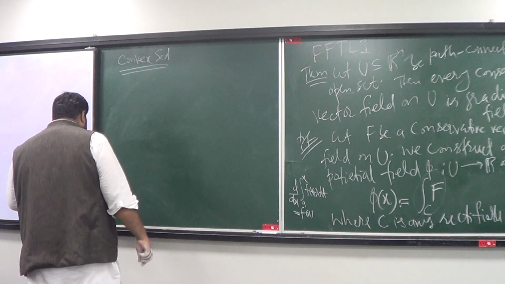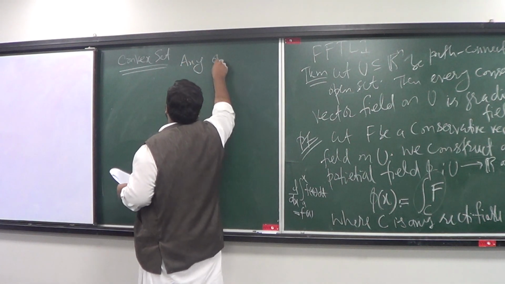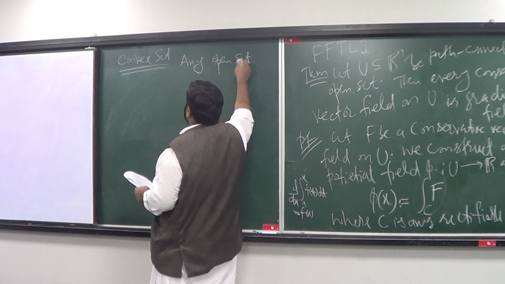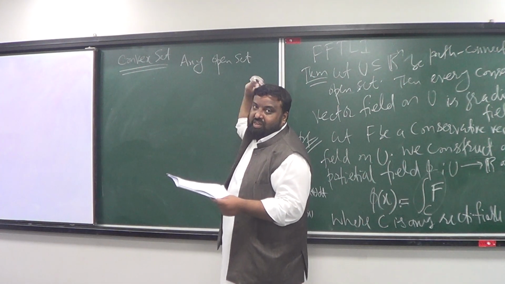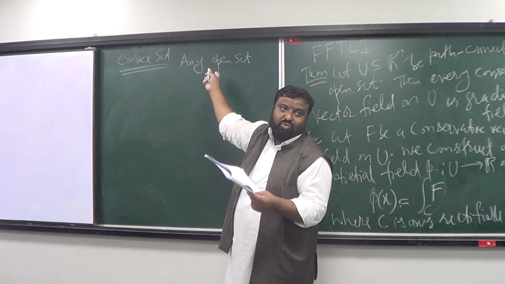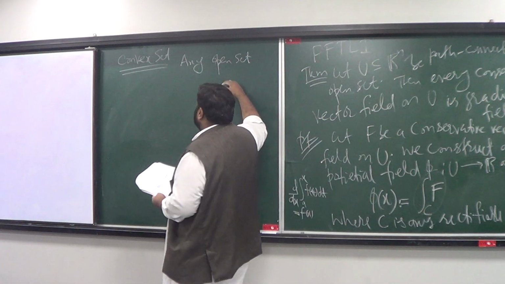If I have an open set, any open set, it has another demand: it should be an open set. While in path connectedness, we didn't require openness. An even stronger condition.